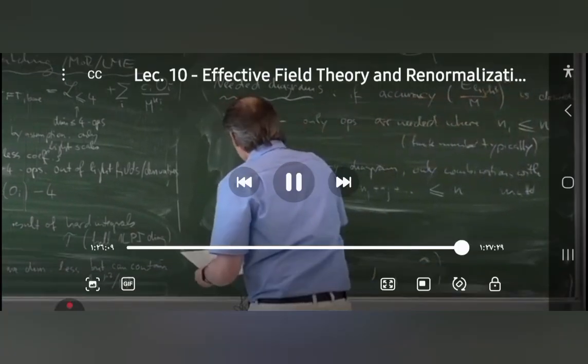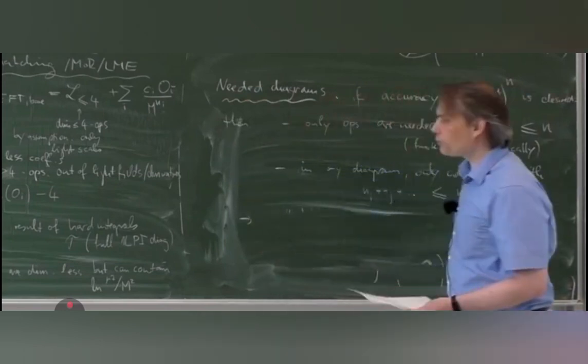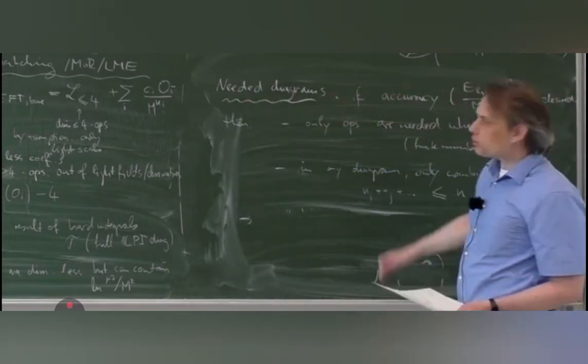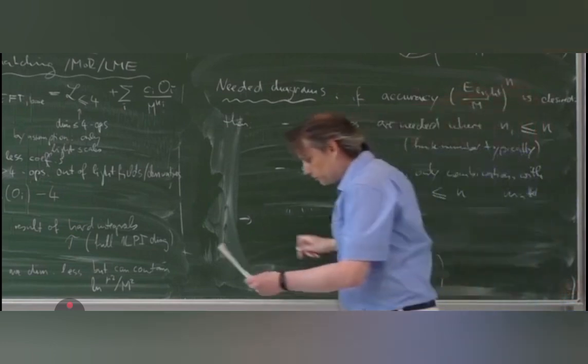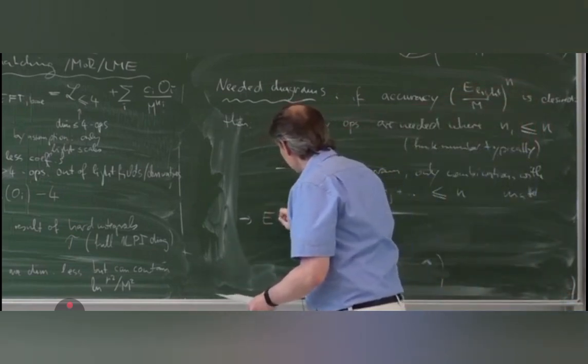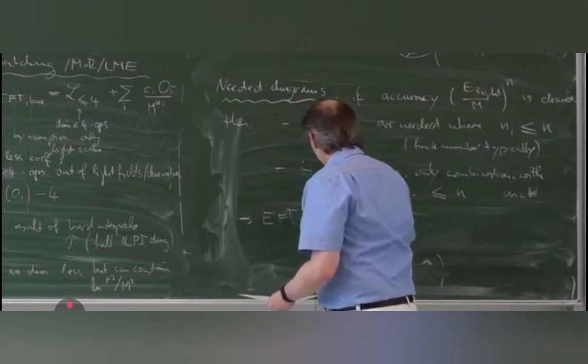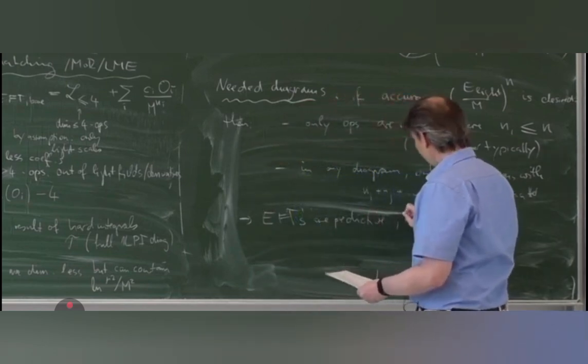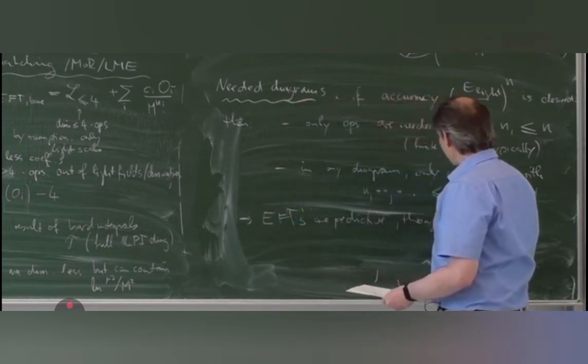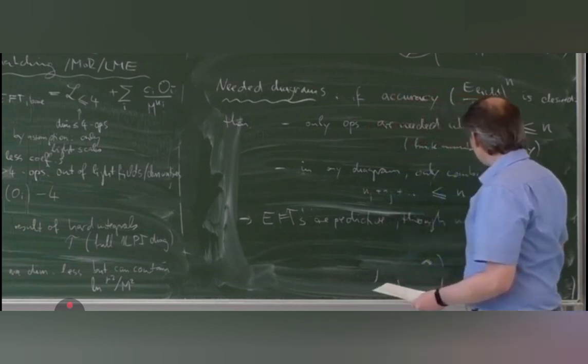Because of this, effective field theories are predictive within a certain prescribed accuracy goal, even though they are non-renormalizable.